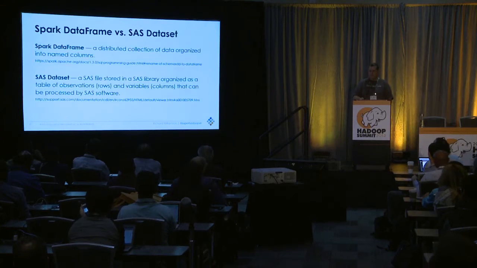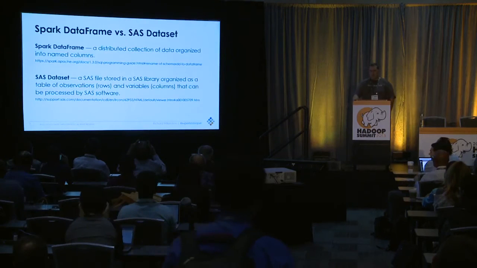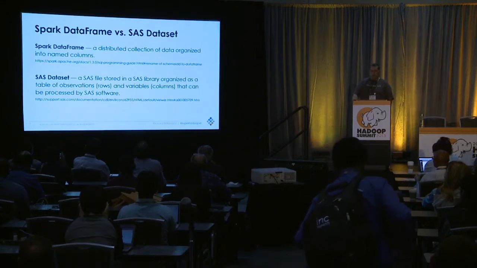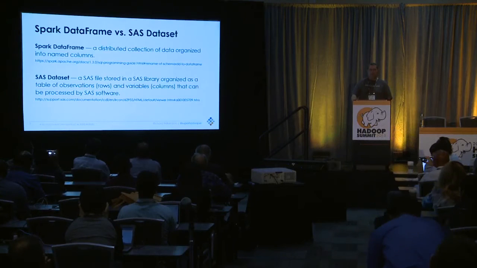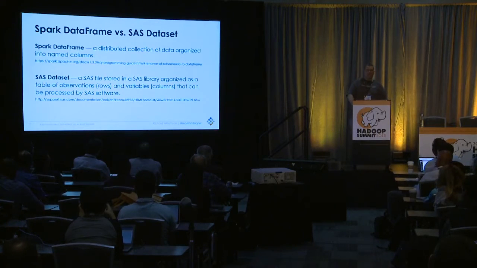So you've seen a little bit of the data sets that we worked with on SAS, and I just wanted to define a little bit further here. The Spark data frame really now is replacing the RDD for most data set processing implementations. It's basically an RDD with schema. It was actually called schema RDD up until the most recent version, if you look at the footnote there.